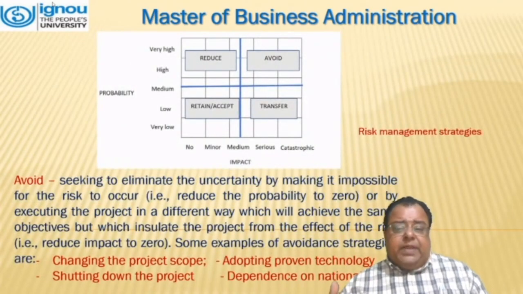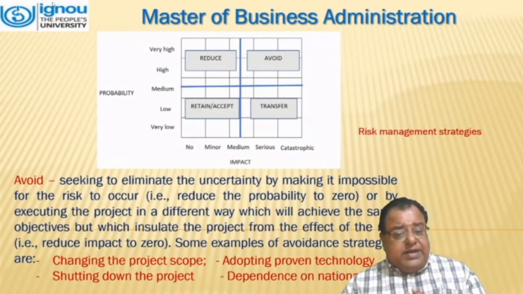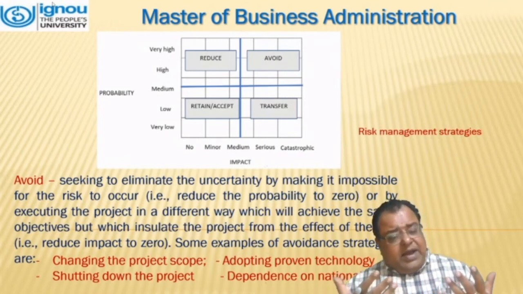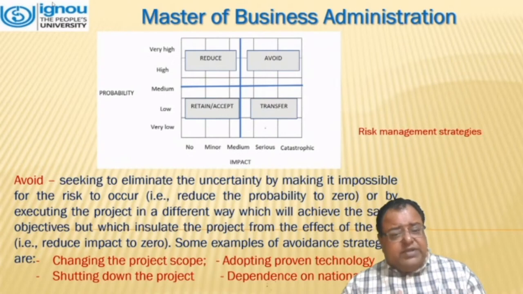First of all, this is how the risk management strategies are designed. It is basically a relationship between probability and impact. When we talk about the impact, it has five conditions: no impact, minor impact, medium impact, serious, or catastrophic.